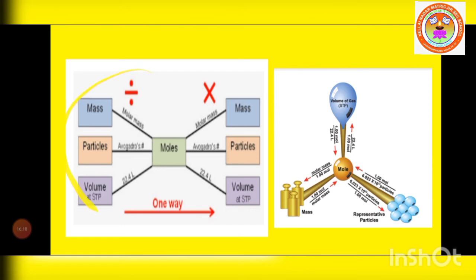Generally, to convert mass into mole, division is used: the given mass divided by molar mass. Similarly, particles are divided by Avogadro number 6.023 × 10 to the power 23 to convert into mole. Volume of gas is divided by 22.4 liter to convert into mole.